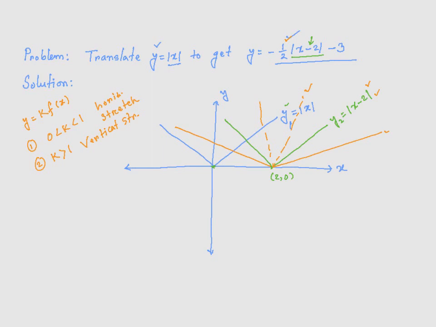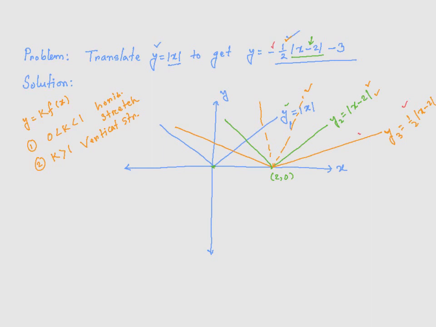Next step is to come up with a new function that's going to be reflecting this one. Oh, by the way, let me write down my y3, which is 1/2 times absolute value of x minus 2. Now it's going to reflect this function, which is basically multiplying it by -1.